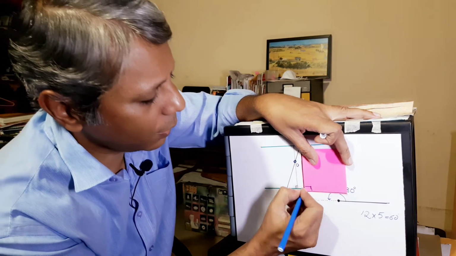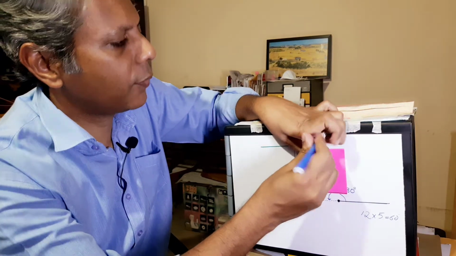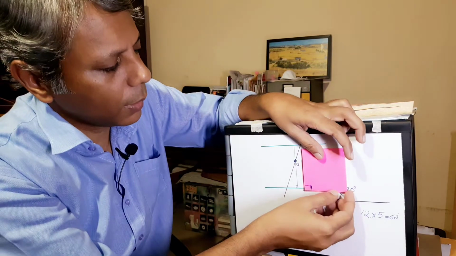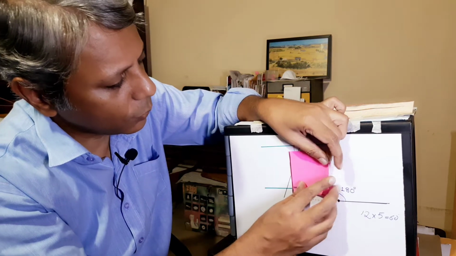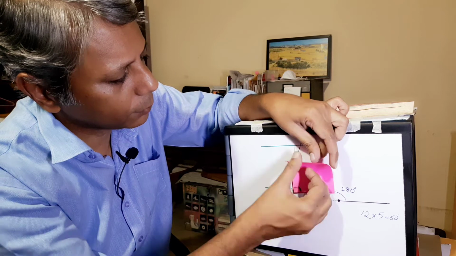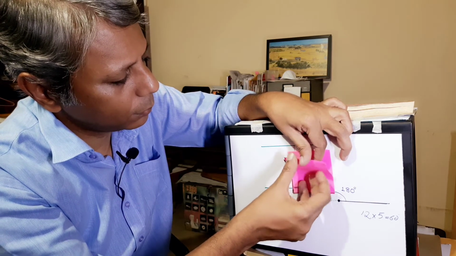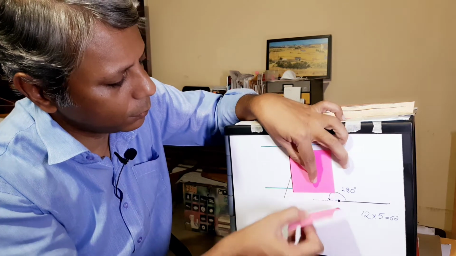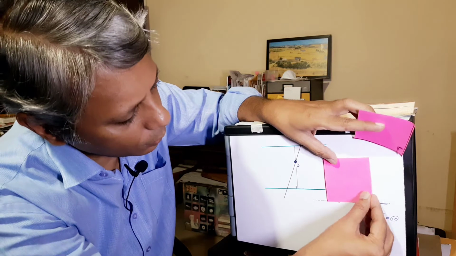So if this is 90 degrees, what happens if you take this square and rotate it by 90 degrees? What happens to this? So fortunately I got another one. You see that? So let me place this here on top of this line.